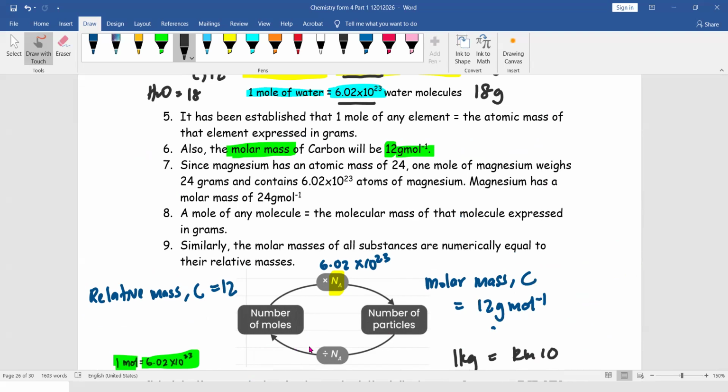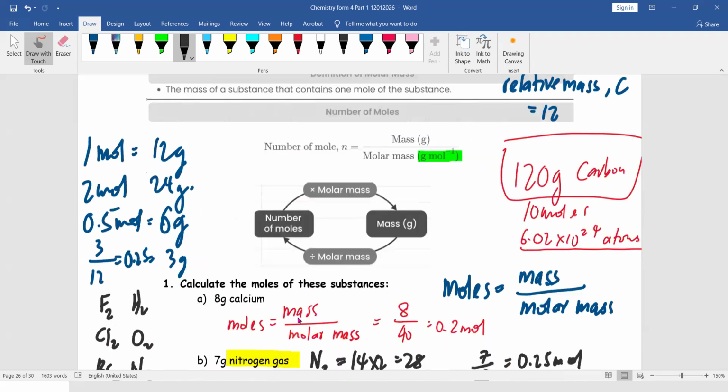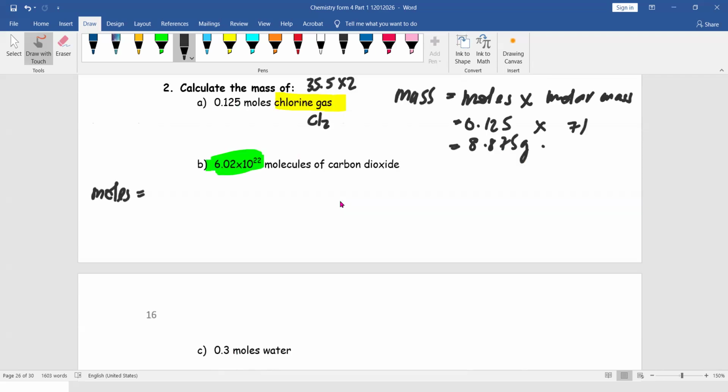Do you remember? Okay, so if this is 6.02 times 10 to the power of 22 particles, okay? 1 mole is 6.02 times 10 to the power of 23 particles.